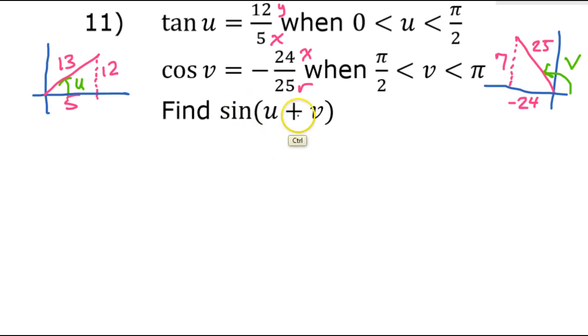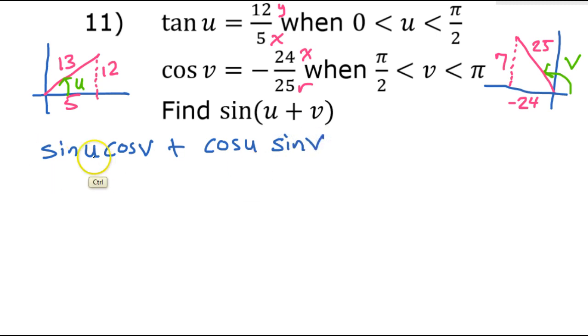The sine sum formula goes sine cosine plus cosine sine. So let's write that down. So this should be sine U cosine V plus cosine U sine V. Sine of U, that's y over r, so that's 12 over 13. Cosine of V, that's x over r, so that's negative 24 over 25.